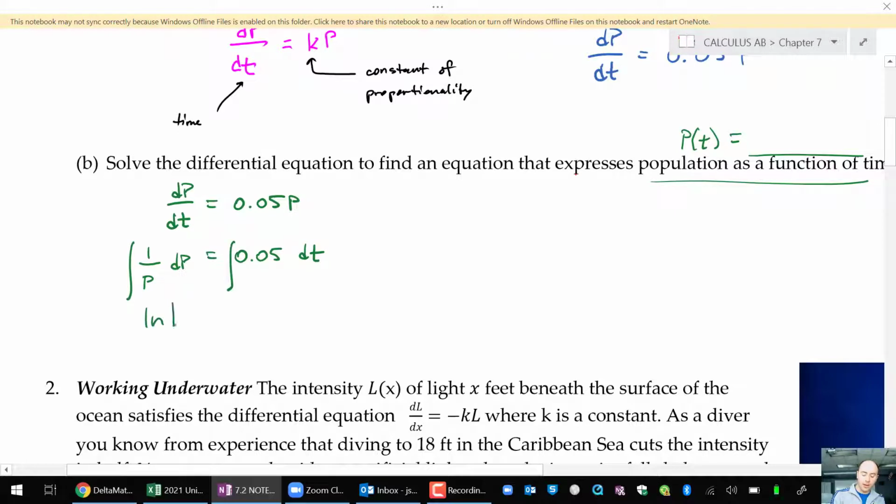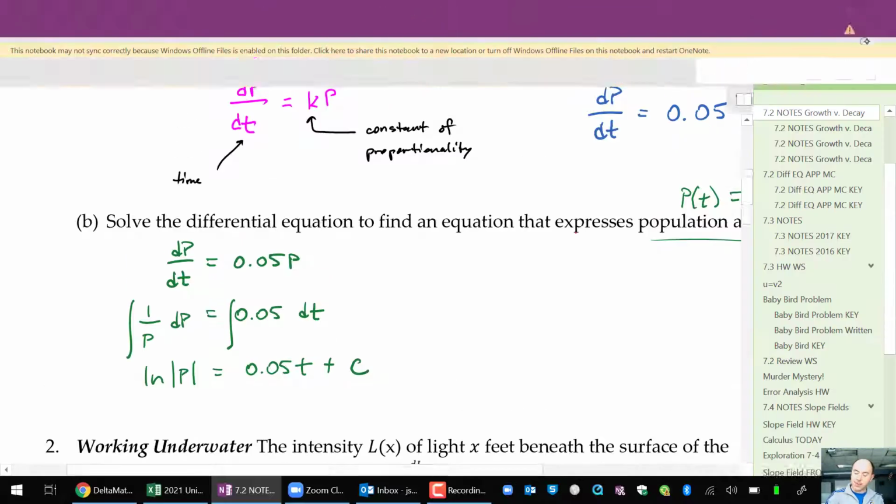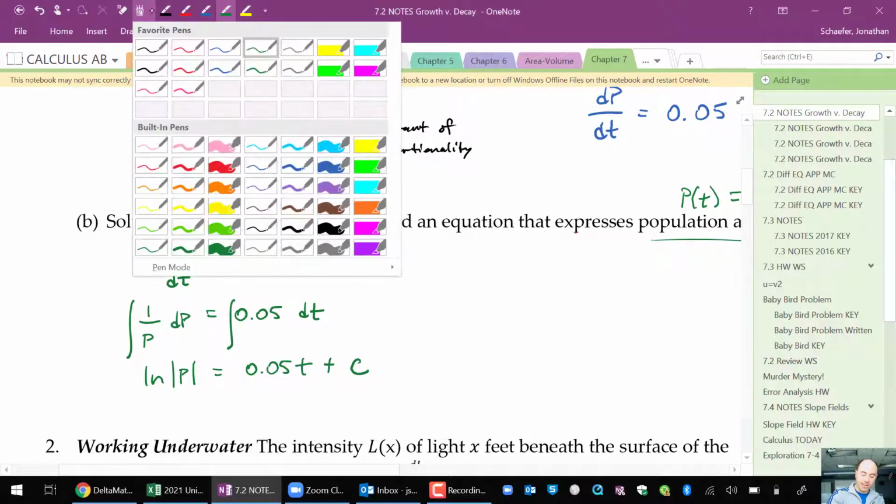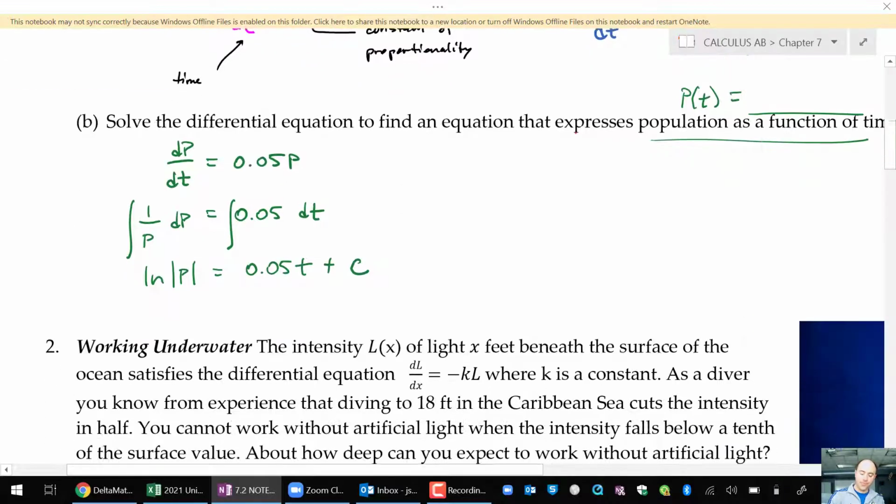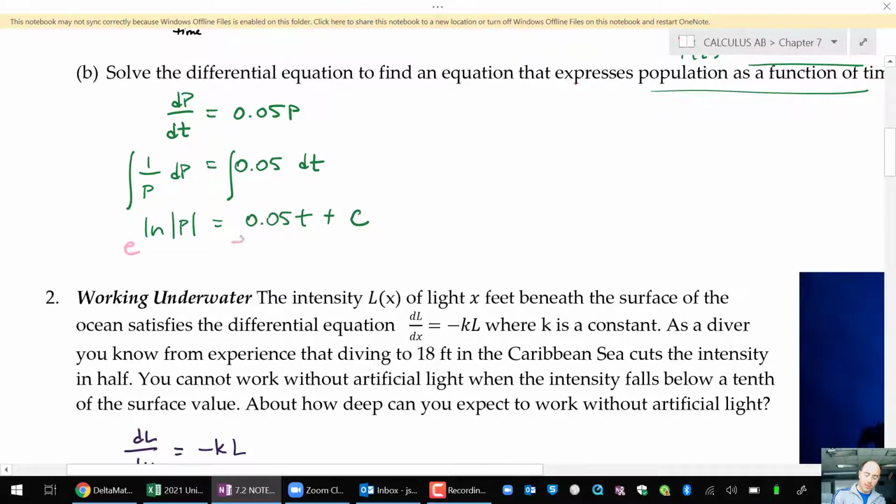So natural log of the absolute value of P is equal to 0.05t plus C. And if we exponentiate both sides involving e, then I'm going to have P in absolute value bars equals e to the power of 0.05t plus C, which is simply C times e to the 0.05t. All right, there we have it.